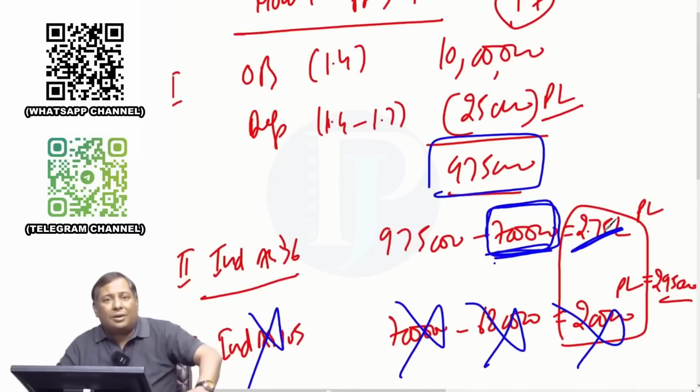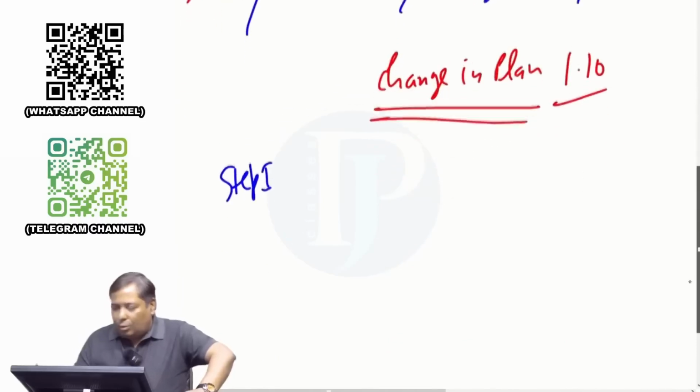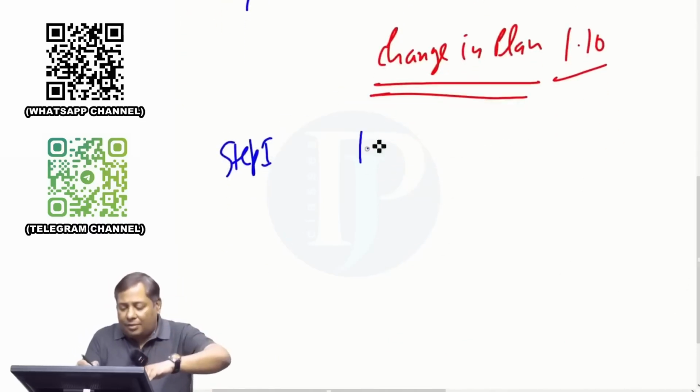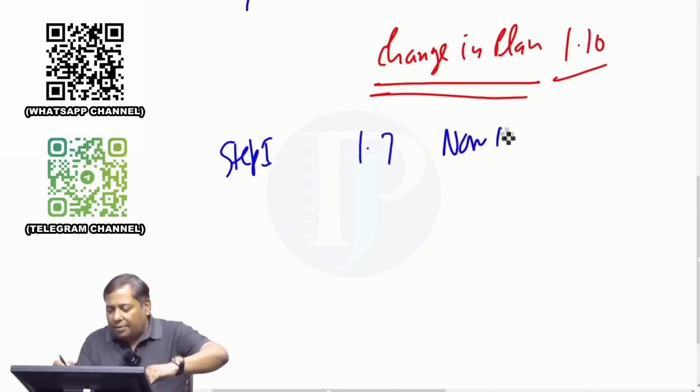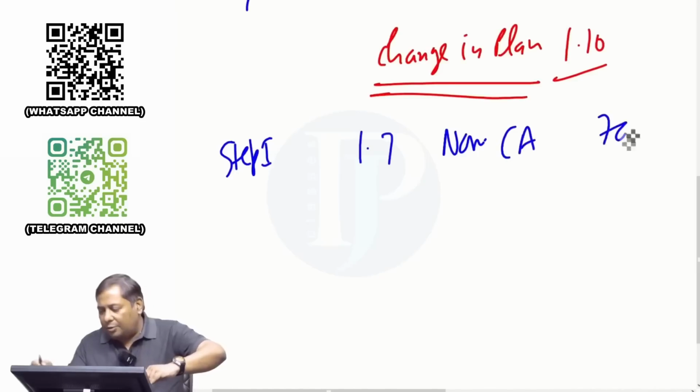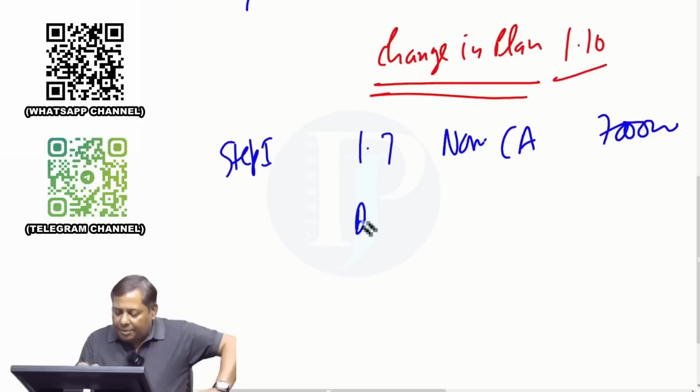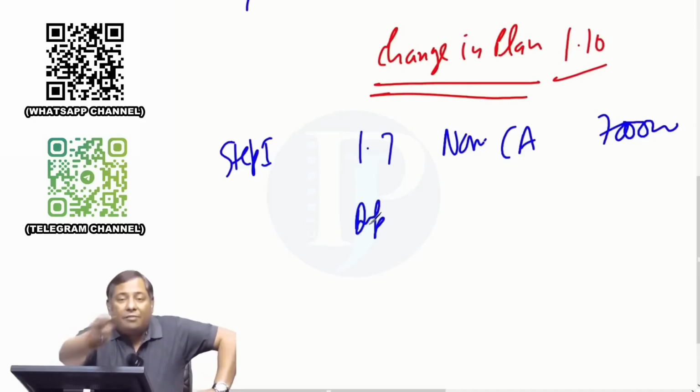I do it in 36, then my asset would be 7 lakhs rupees. So if I don't come in 105, on July 1st, then my normal carrying amount here would be 7 lakhs. So I would apply depreciation to it. Asset came to 105, depreciation stopped.